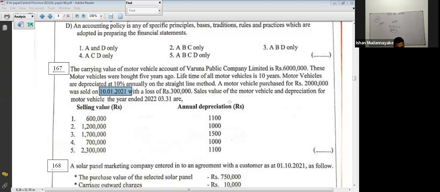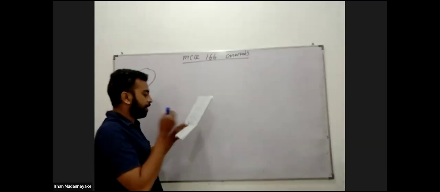Sales value of the motor vehicle and depreciation for the motor vehicle for the year ended 31st March 2022. What's the answer for question 167?